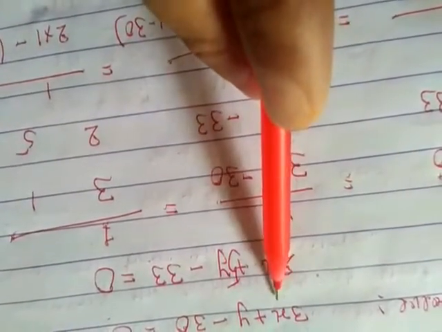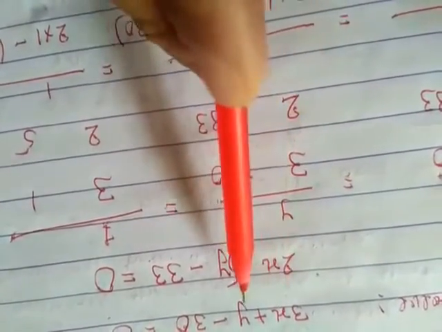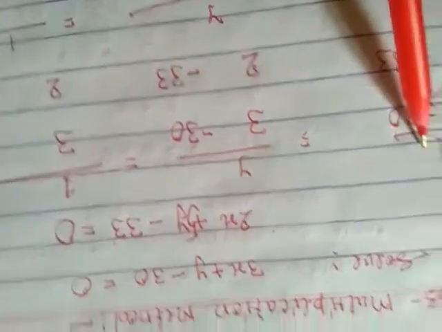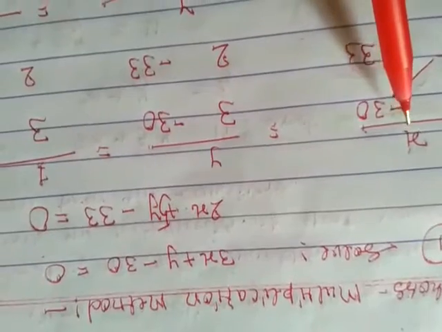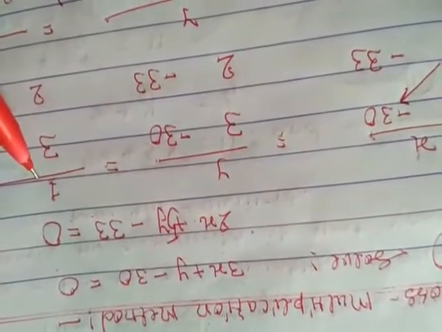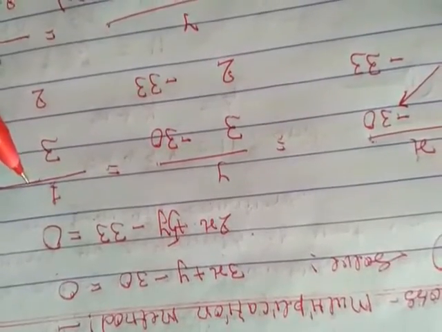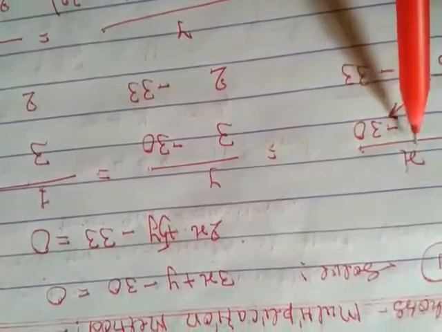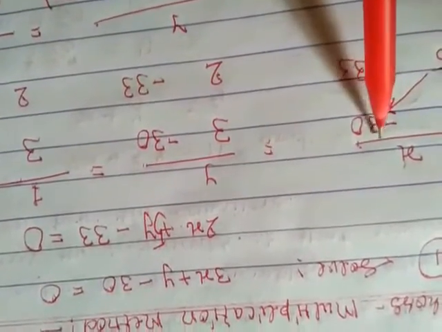Then in place of x and y you will write the respective variables. But for the constant term you always have to use 1. So now we have to write in this format.